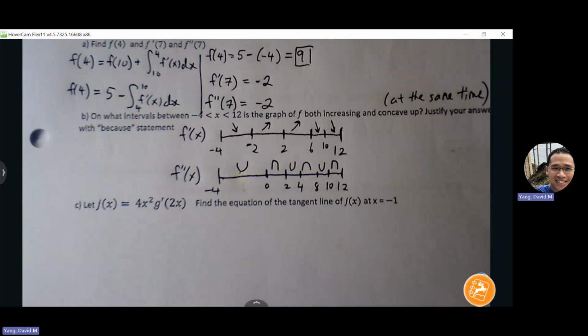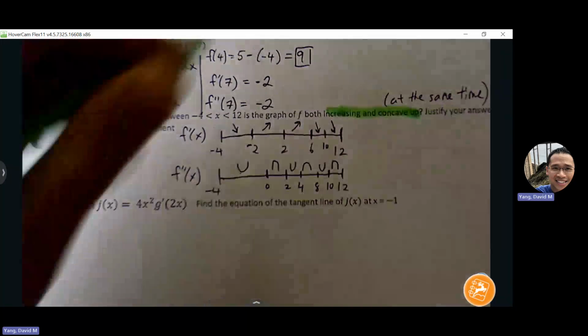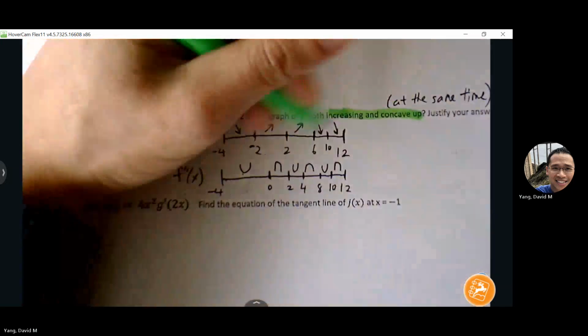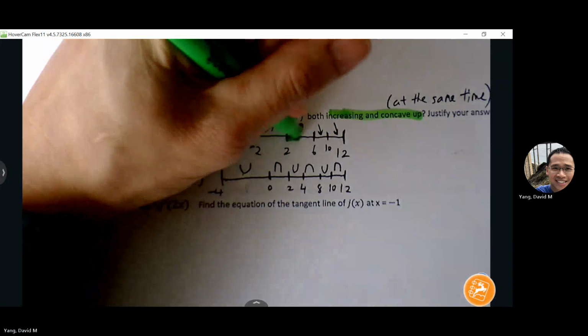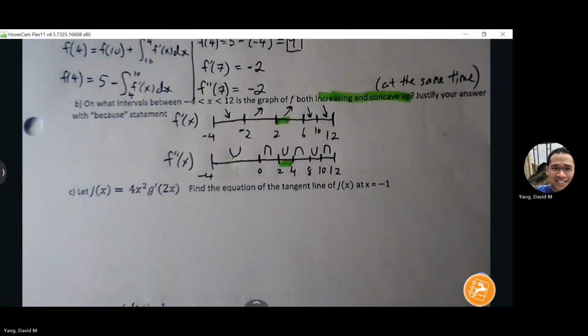Okay, so what interval is our graph going to be both increasing and concave up at the same time? Negative 2 to 6. Yeah. Negative 2, okay, 2 to 4, okay. Oh, concave. 2 to 4 falls in the middle of 2 to 6. Where else? Negative 2 to 0.